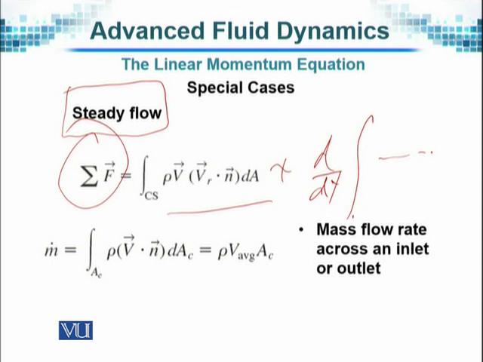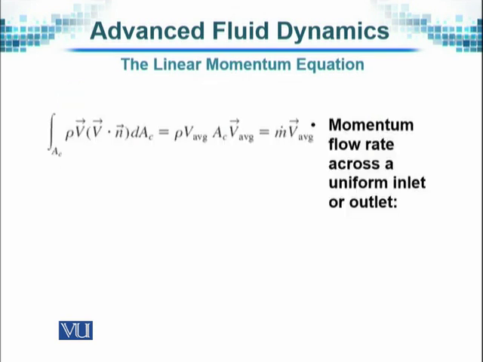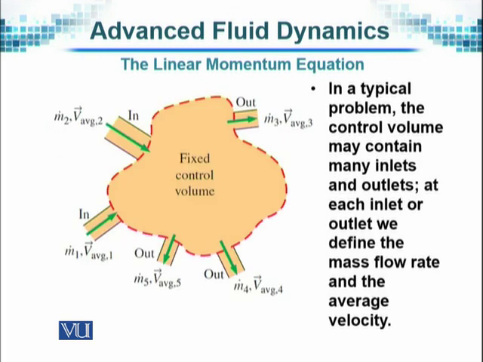So d by dt of whatever is being considered is 0. And this happens only when we put the restriction that the flow is steady. And then this is the value that we will get for momentum flow rate across a uniform inlet or outlet in a similar flow situation as was shown in that elbow, or it can be a pipe and similar gadgets.